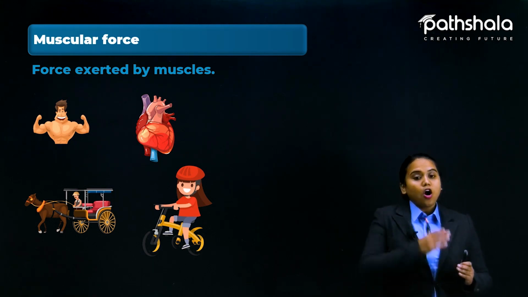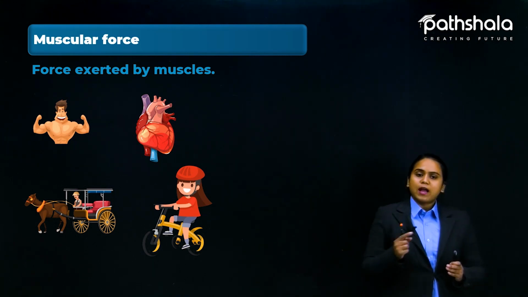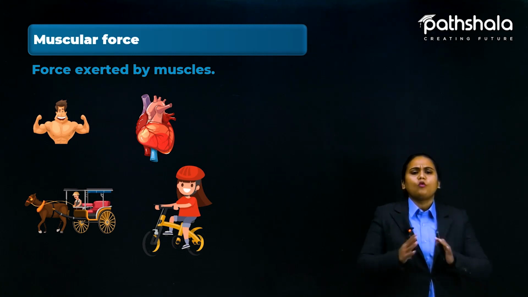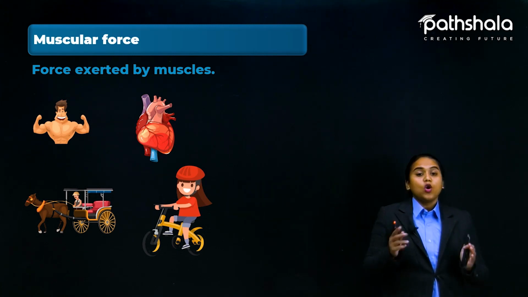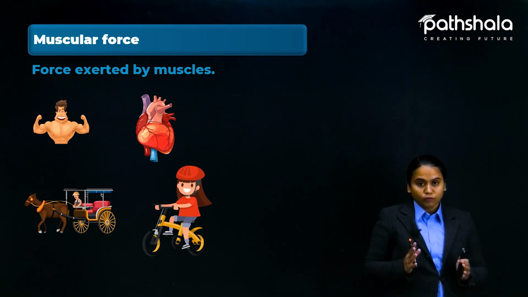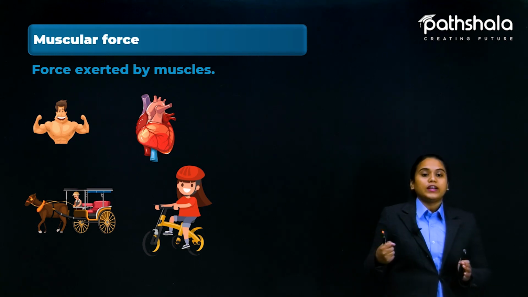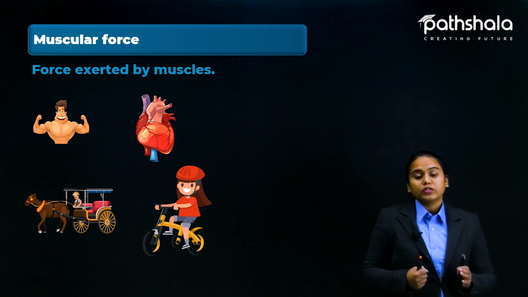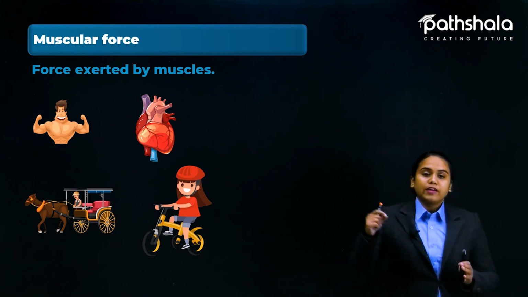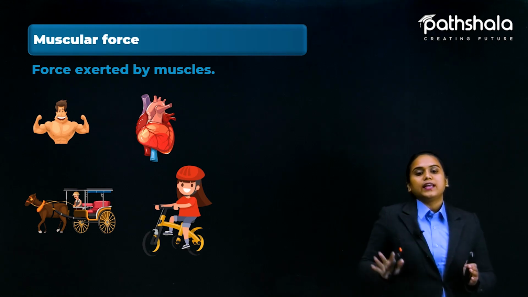In day-to-day life, I am dead sure you can see various examples around you. Even opening the door requires muscular force. Even closing the door requires muscular force. Even writing with a pencil or a pen requires muscular force, right?